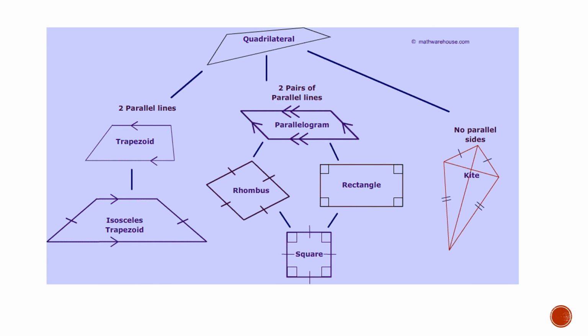A square will always be a rhombus. A rectangle will always be a parallelogram. A rhombus will always be also a parallelogram. Therefore, square, rhombus, rectangle, and parallelogram are always a quadrilateral. A kite is always a quadrilateral.